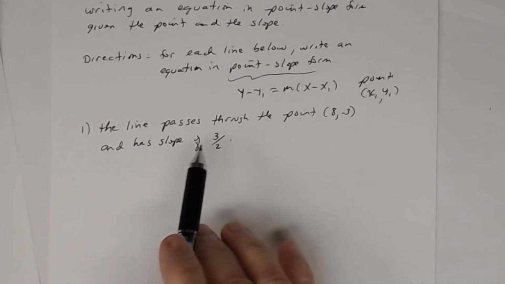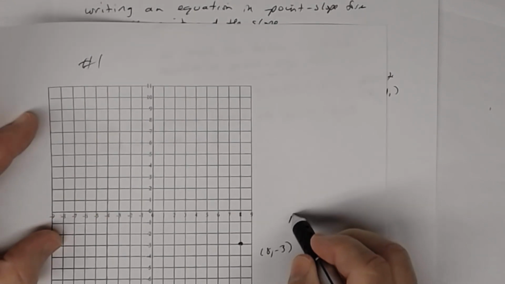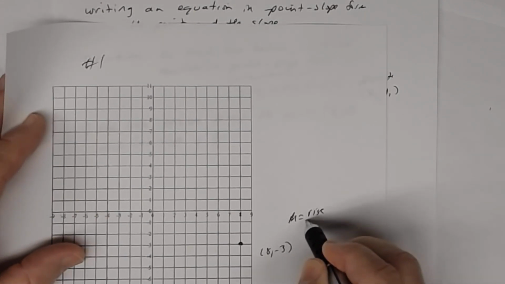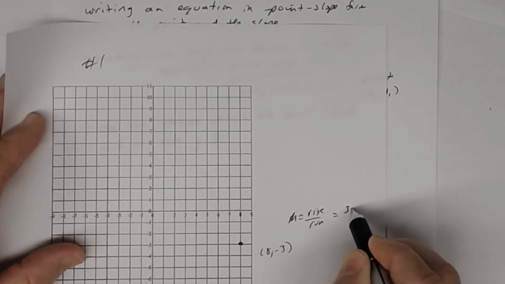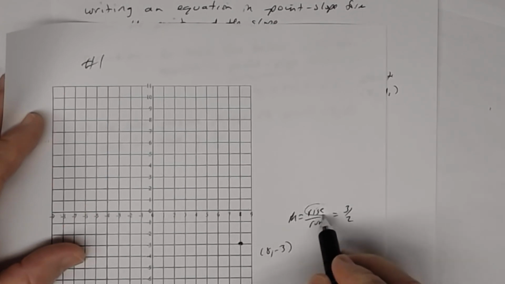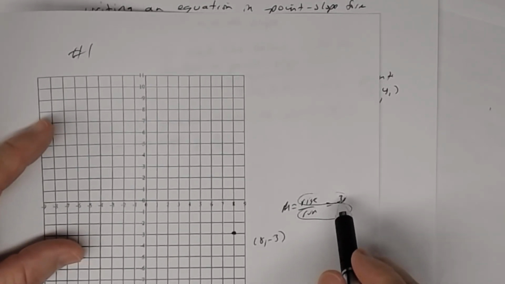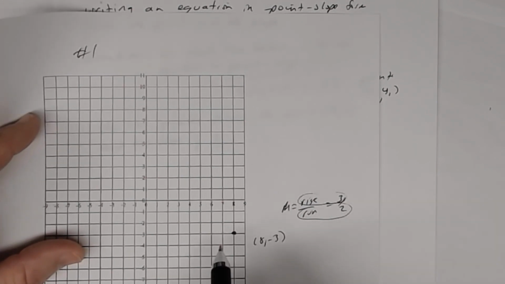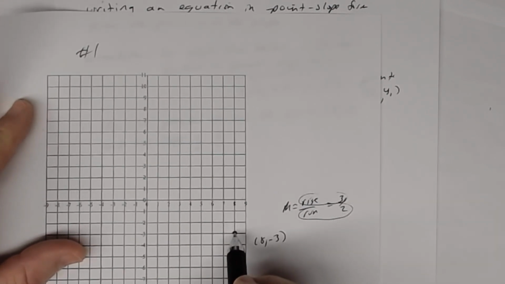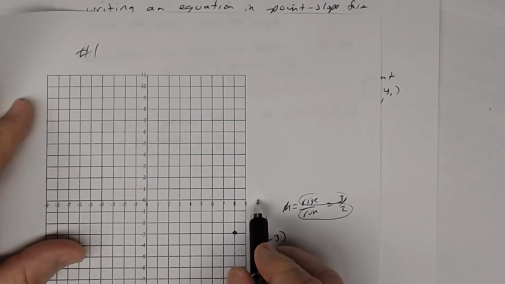Remember, we use the slope, which is rise over run, in this case 3/2. So I'm going to rise 3 and run 2, and both are positive. From the given point I go up 3, 1, 2, 3, then run 2, 1, 2, estimating as best I can. There's that other point.